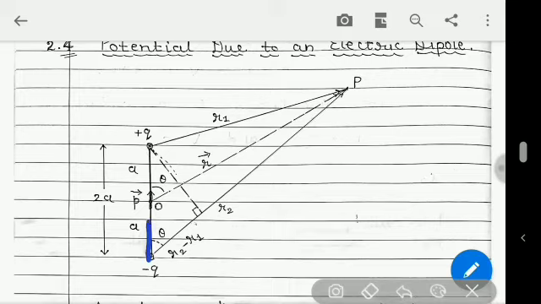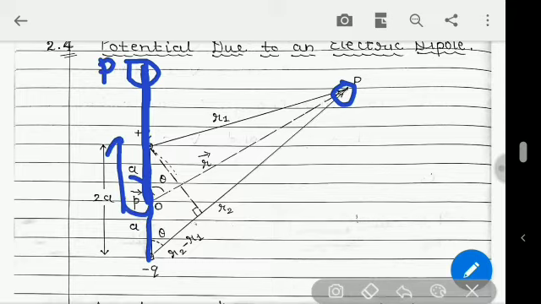You can see that this is a dipole and this line is the axis. So rather than selecting point P here, if we select this point P on the axis, then what will happen? The angle made by this vector r, which shows point P, and the direction of dipole moment p, they are in the same direction.